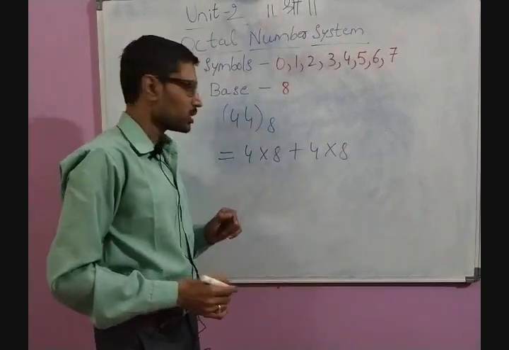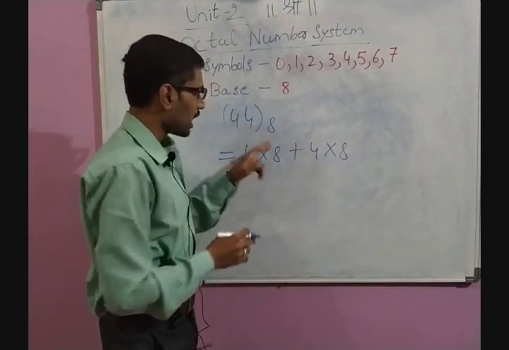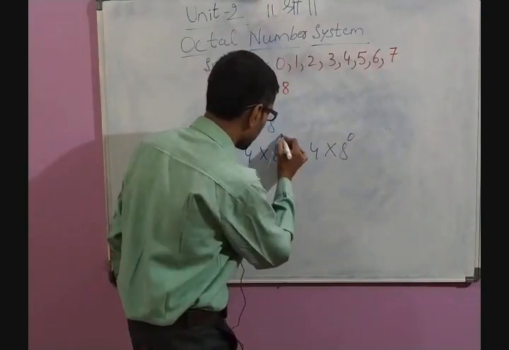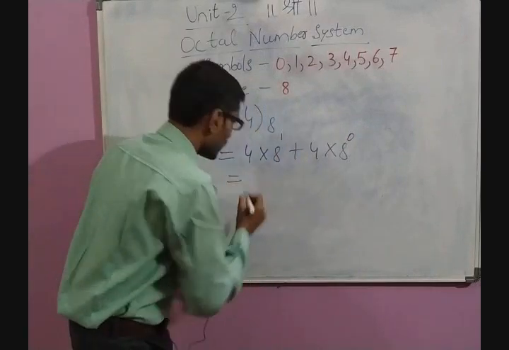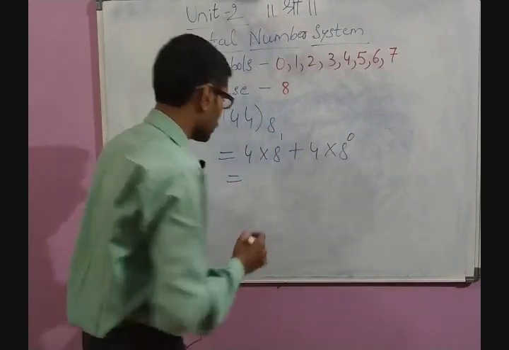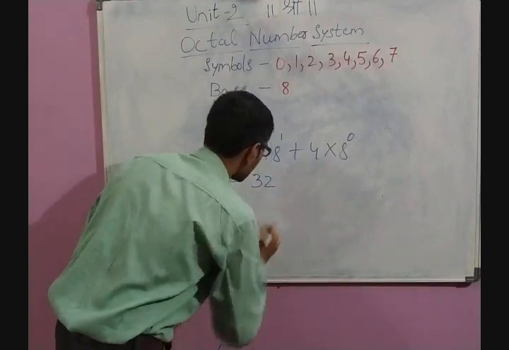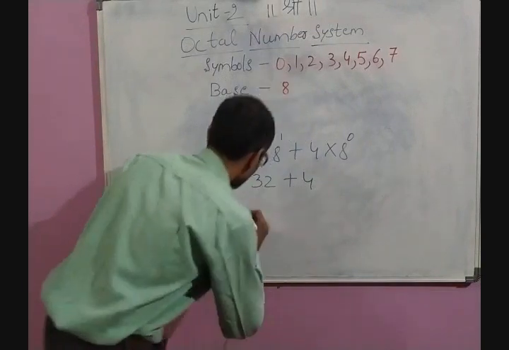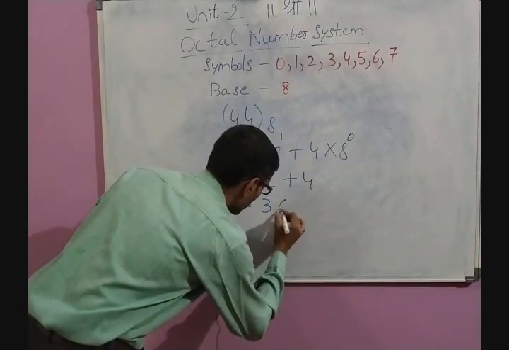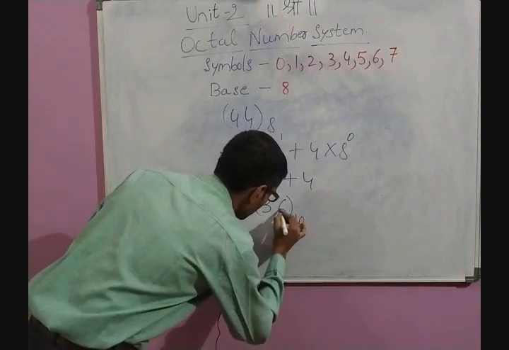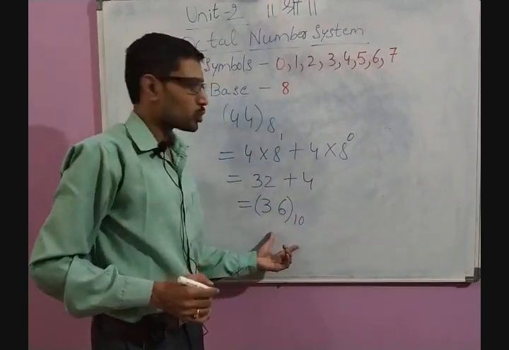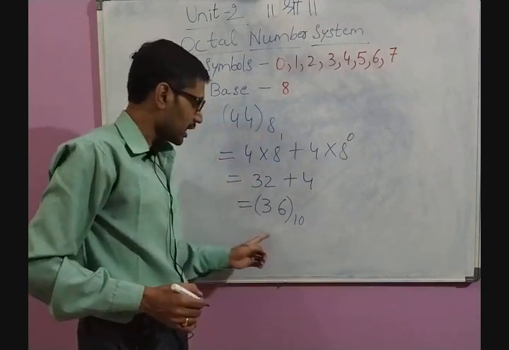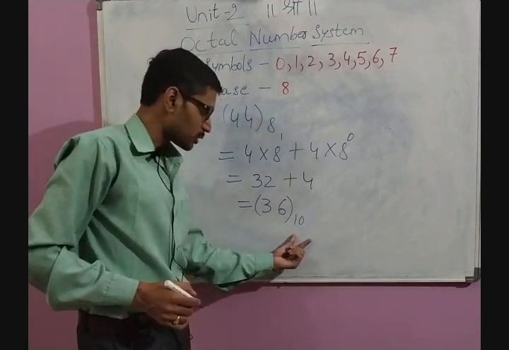Only 2 digits are present: at the rightmost digit I have 8 raised to 0, and next I have 8 raised to 1. Now 8 raised to 1 is 8, and 8 into 4 is 32, plus 8 raised to 0 is 1, and 1 into 4 is 4. This is equivalent to 36 to the base 10. So the number 44 to the base 8 has the equivalent value 36 in decimal.